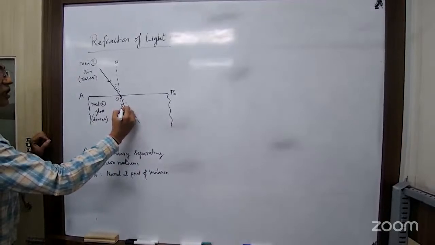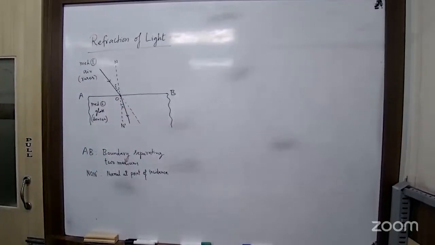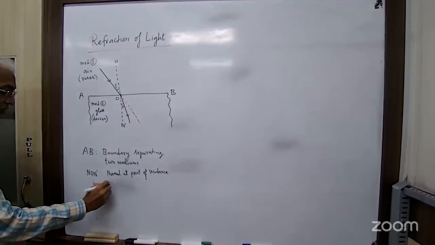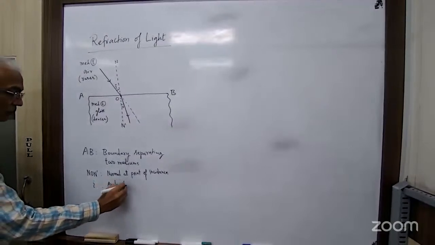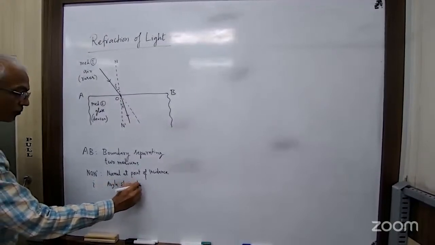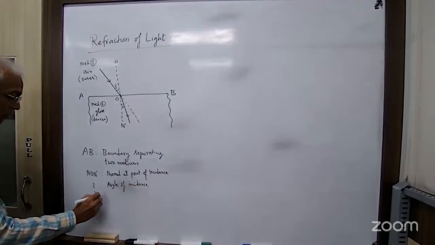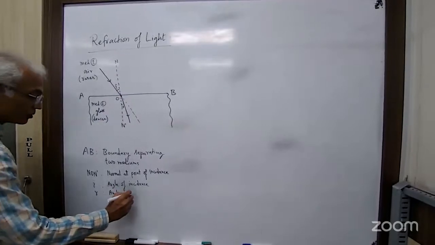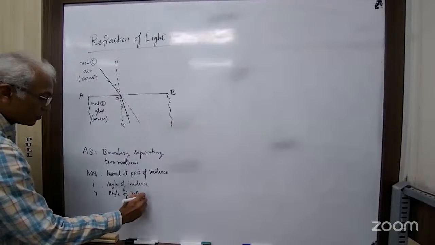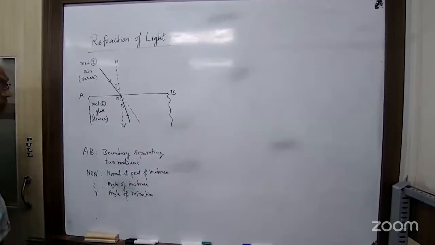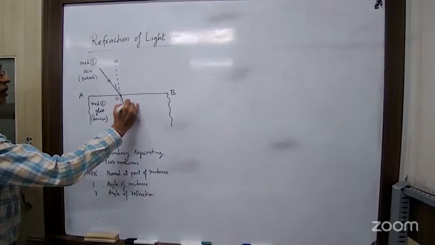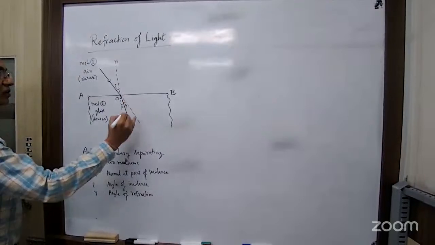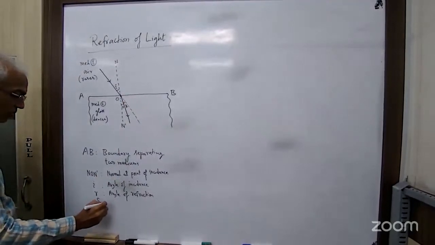This angle is now called the angle of refraction. i is the angle of incidence, r is the angle of refraction. And we will define one more angle. Let's call this angle delta. This delta is the angle of deviation.